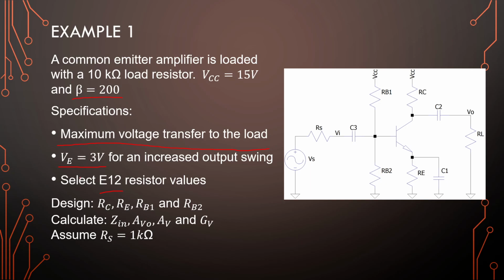And this specification can come in a lot of forms of giving you a different IC, RC, and VCE value, and then you need to figure out if VE is smaller in general. Okay, so design the resistor values, and calculate these small signal parameters afterwards just to verify our design, and let's assume a source resistance of 1 kilo ohm.